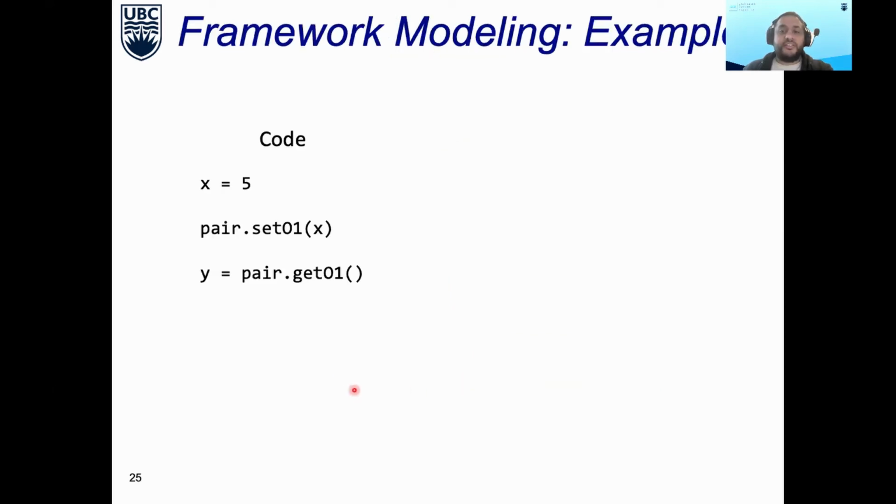Now, let's look at this example for how to use this modeling for data flows. Here, we set x equal 5, then set the first element of the pair as the variable x, then assign y to the first element of the pair. Now let's say we want to establish if there is a data flow between x and y in this code.